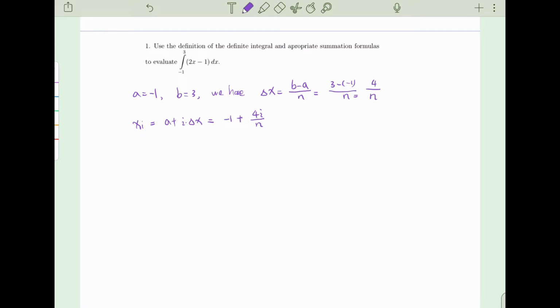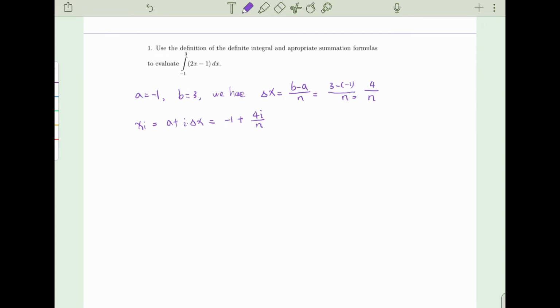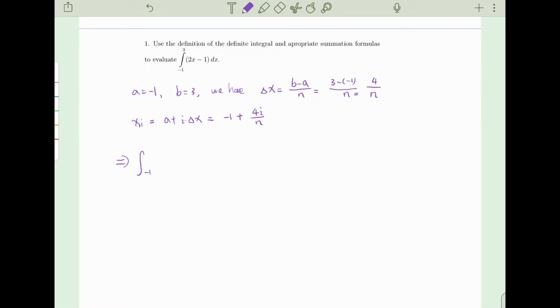So now, after having this, I can now write this definite integral from -1 to 3. By definition, that is going to be the limit as n goes to infinity of the summation starting from i equals 1 ending at n of f of xi times delta x, where f of x should be this guy here.